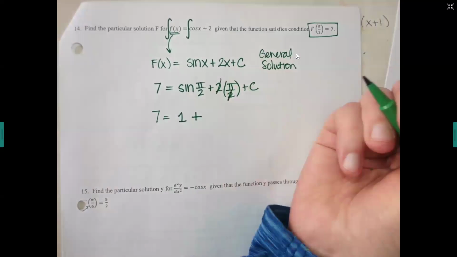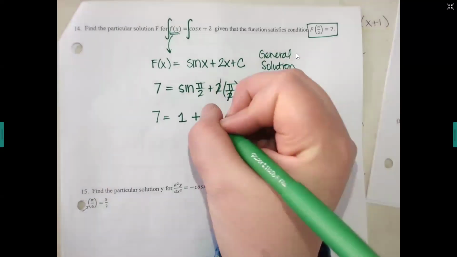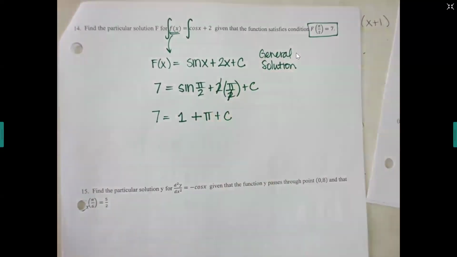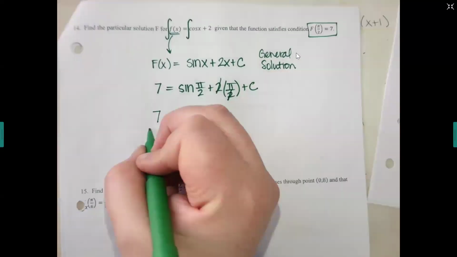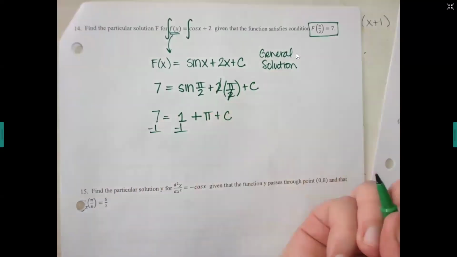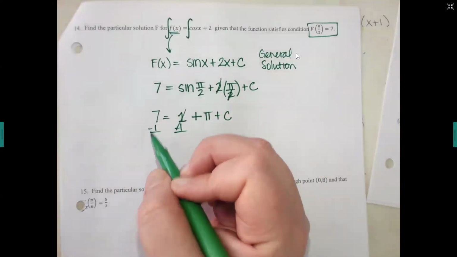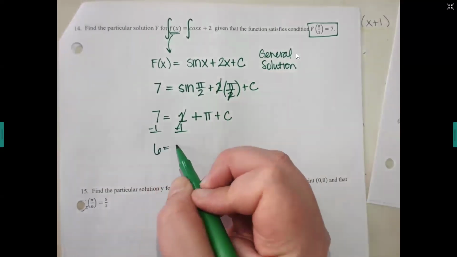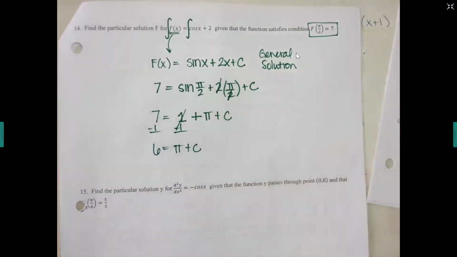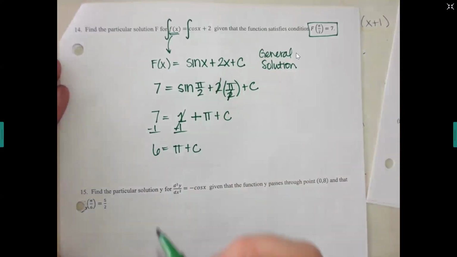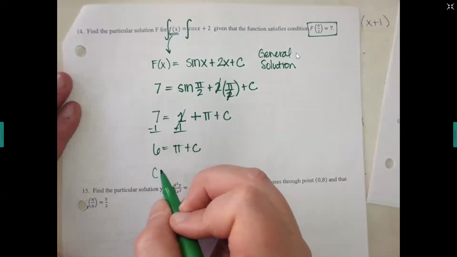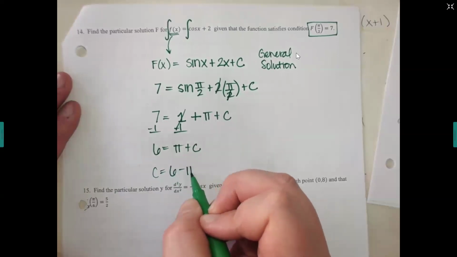Yeah, basically just a pi because you can cross those 2s out. Plus C. Let's minus that 1 across. So I have 7 minus 1 is 6 equals pi plus C. And then to solve for your C all the way, you'll just minus the pi across. So it'll be C equals 6 minus pi.